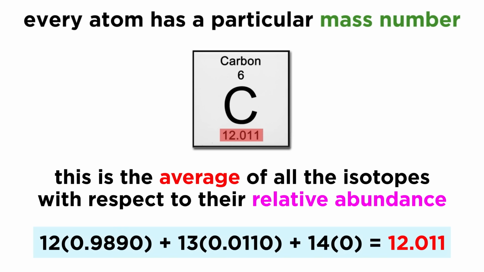Therefore, the average mass of all carbon atoms will be just a tiny bit above 12, as this equation determines. We just multiply each mass number by a fraction of 1 representing that isotope's relative abundance, and add them all together. This can be done for any element.